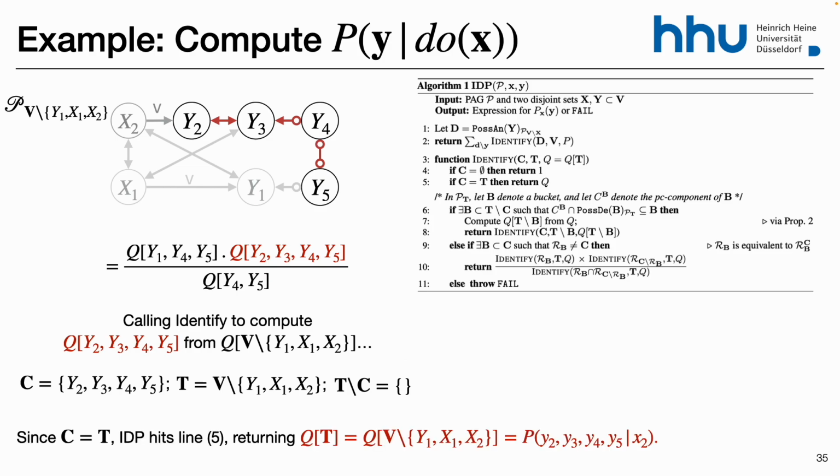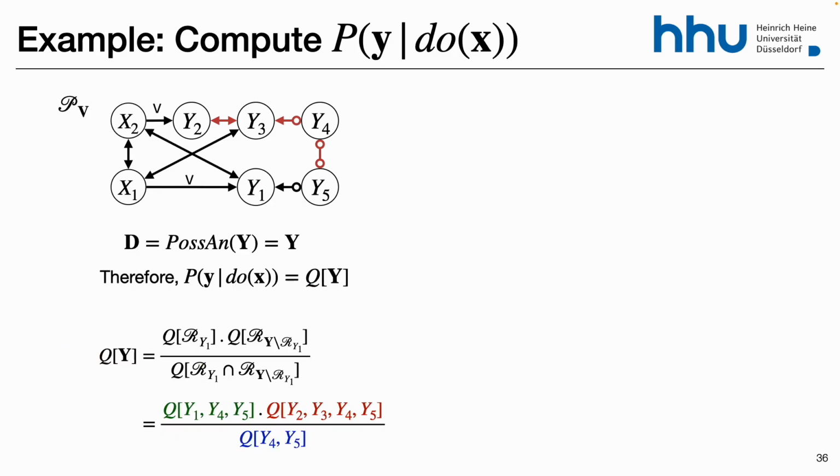Because C and T are the same, we hit line 5, which means we stop calling recursively, so it ends. The Q of T is going to be this one. So we return the Q, and that's it. It's done for that part.